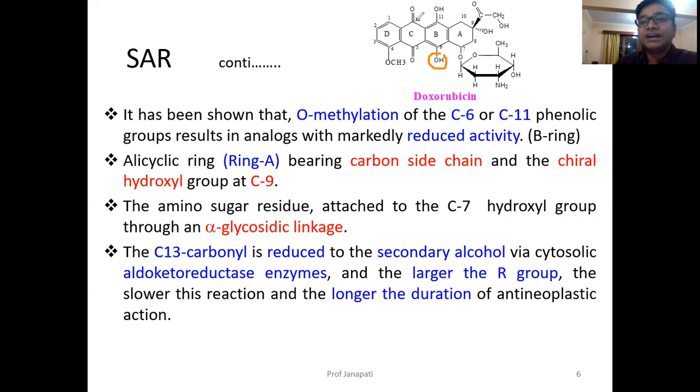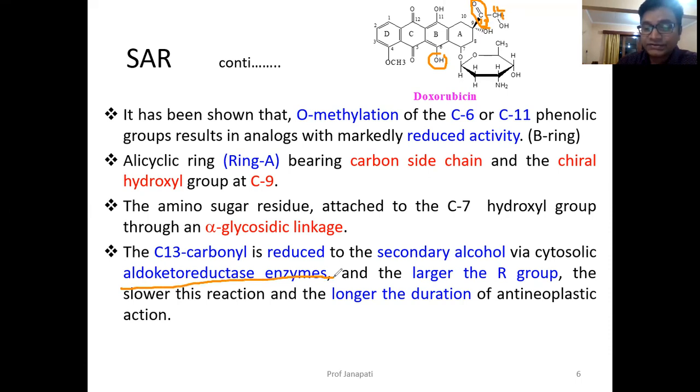See, after 12, this is 13. If you give a continuous number, this is 14. If you reduce this carbonyl group, you are getting a secondary alcohol with the help of the enzyme aldo-keto reductase.